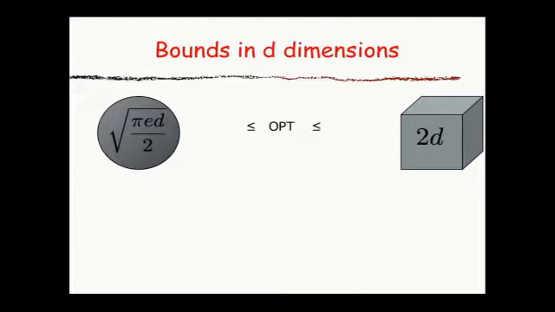So in D dimensions, there are two obvious bounds. We know we can do boxes, in which case the surface area is 2D, since it's unit volume. That's the obvious upper bound, linear in D. What's the lower bound? If you have a unit volume, the least surface area will be a sphere.